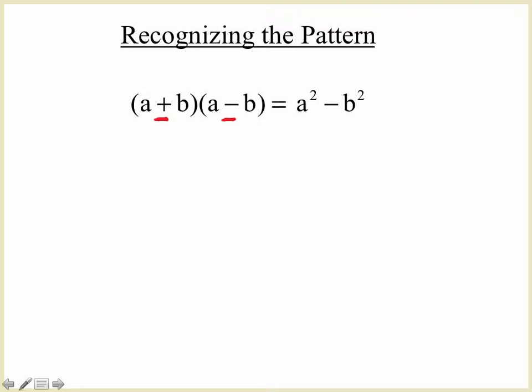So whenever your terms are the same in both binomials, but your sign is different, opposite, you will get the first term squared, the second term squared, and it's a subtraction sign. So that is the pattern.